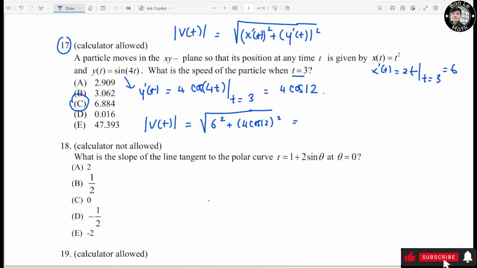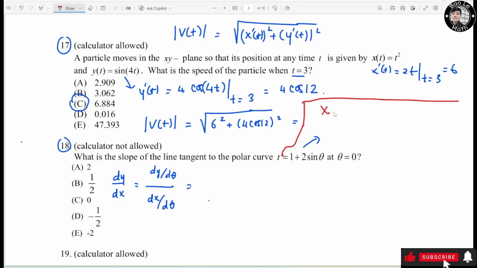Now question 18. What is the slope of the line tangent to the polar curve r equals 1 plus 2 sine theta at theta equals 0? Alright, so we have dy divided by dx is the same thing as dy over d theta divided by dx over d theta, right?